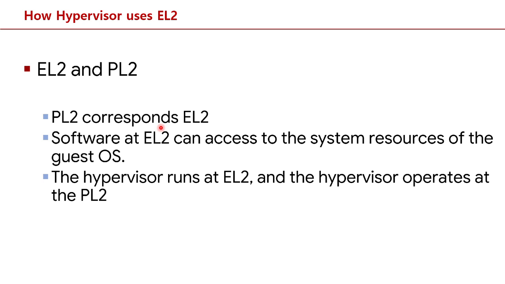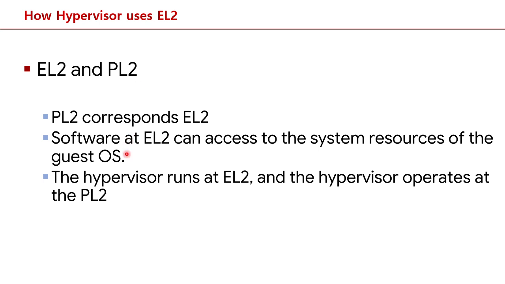Now let's summarize the important points about exception level 2. Just like exception level 0 and exception level 1, exception level 2 corresponds to privilege level 2. As I stated in the previous lecture, exception level is not the level of exception. It matches the concept of privilege level.